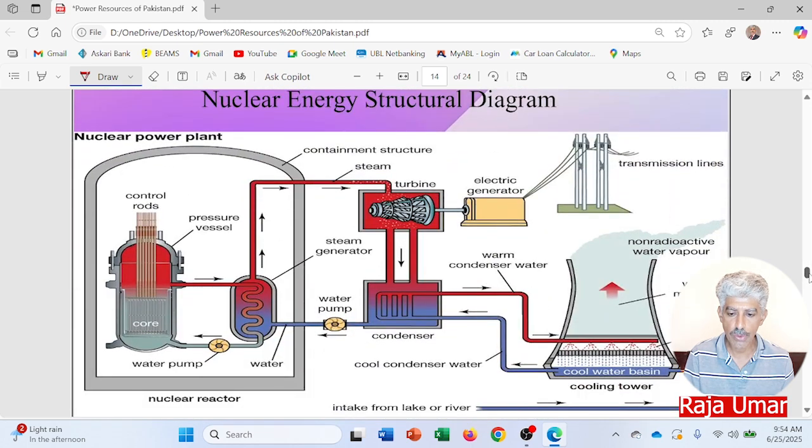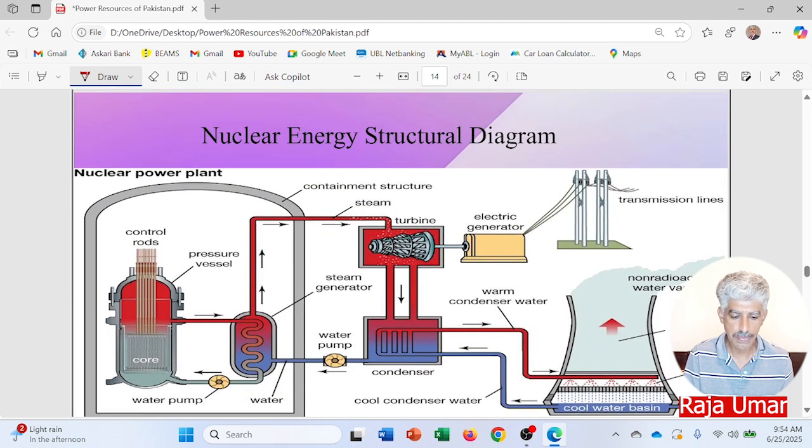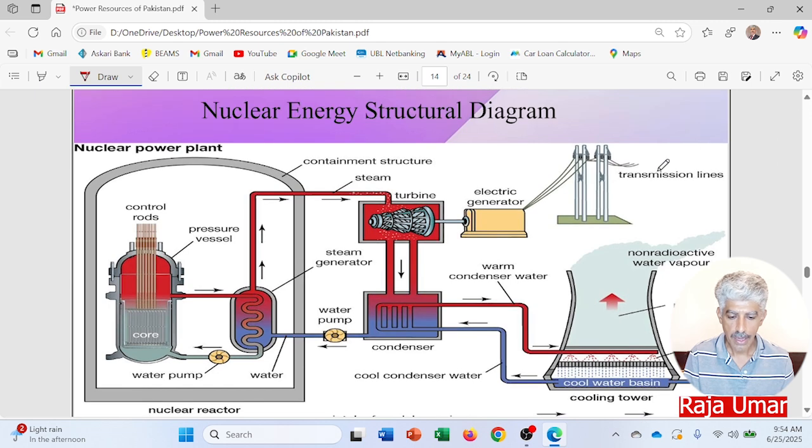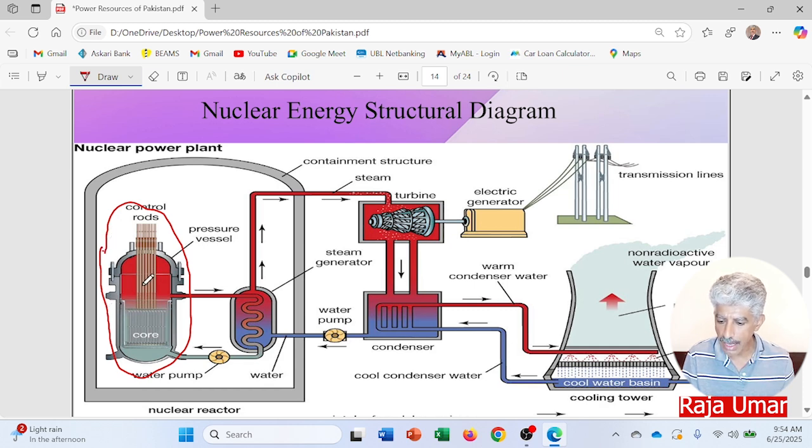So here is the nuclear energy structural diagram. If you see over here, here is the actual nuclear fuel in this container, and you can see that there are the uranium rods as well, and there are the control rods as well.